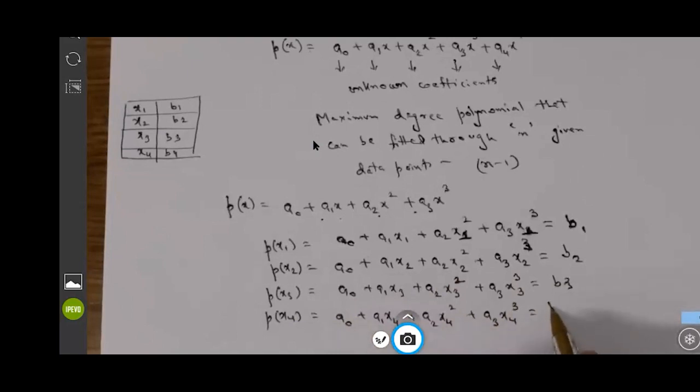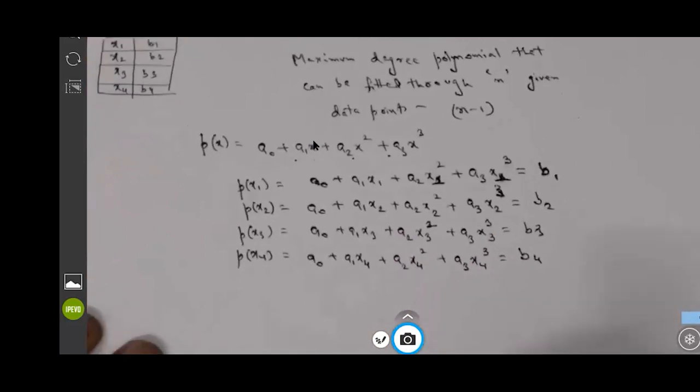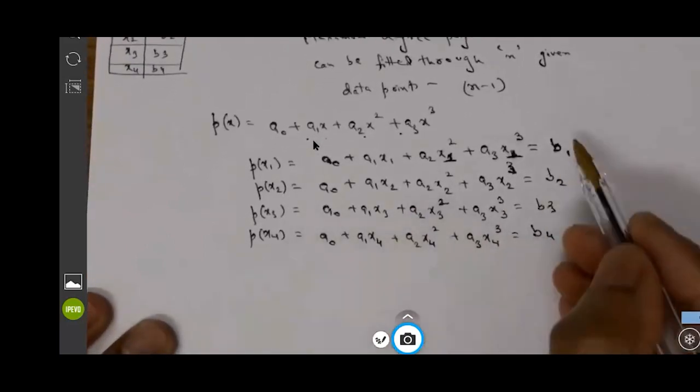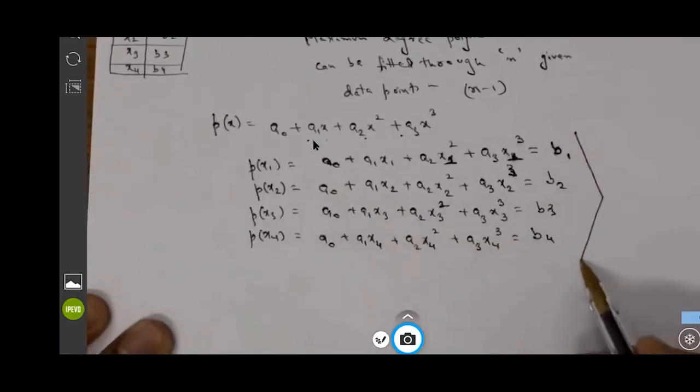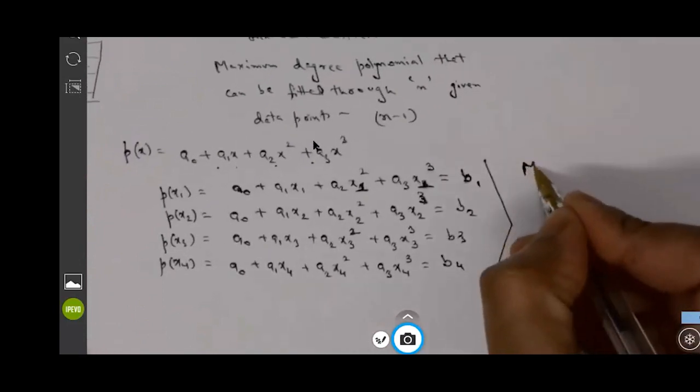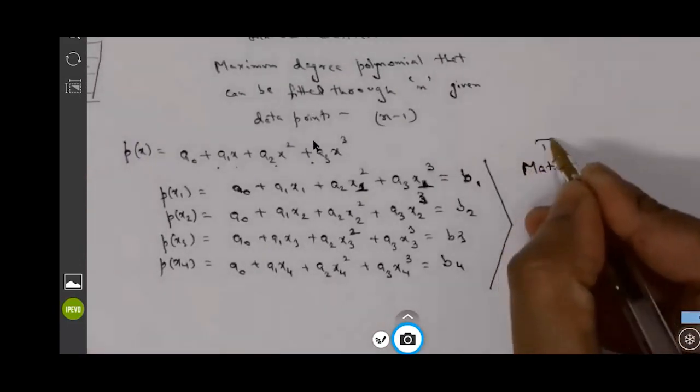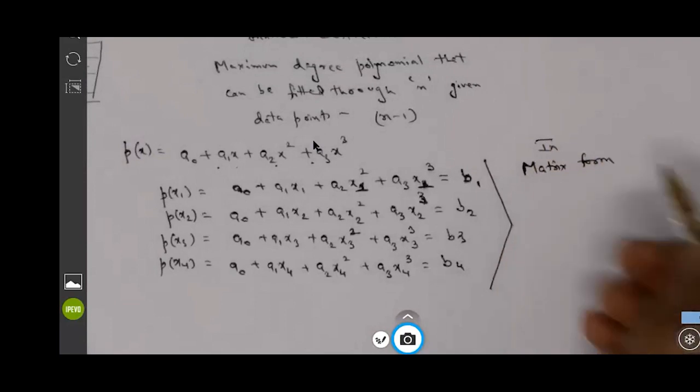Now, if I have to represent this in matrix form, what will I get?